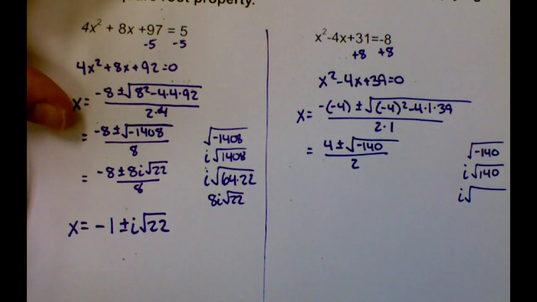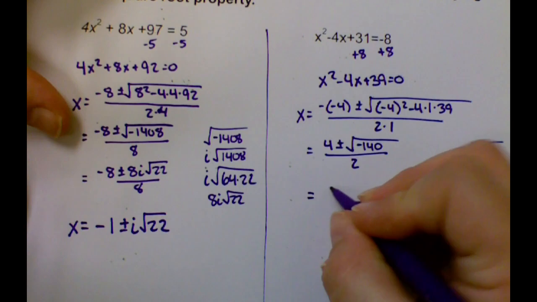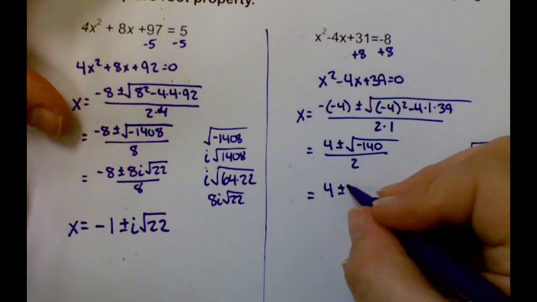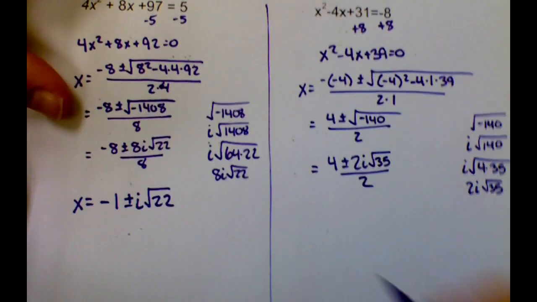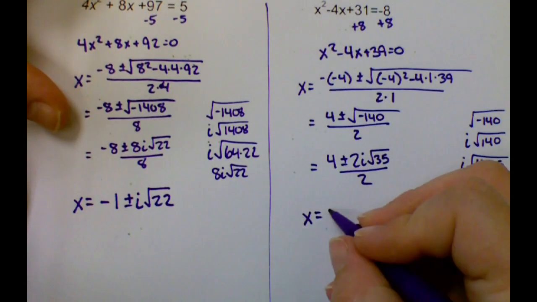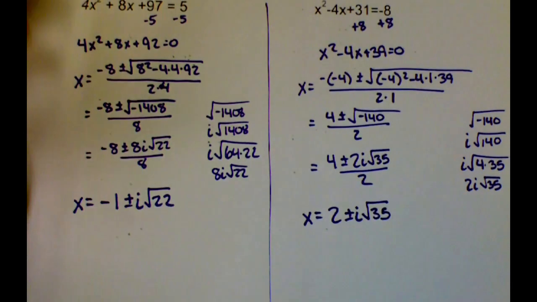I know 4 will go into it. 4 times 35. So it doesn't get great, but I can make it 4 times 35, which is 2i square root 35. I guess that'll be my simplified version. 4 plus or minus 2i square root 35 all over 2. Divide everything by 2, I get 2 plus or minus i square root 35 as my solutions.